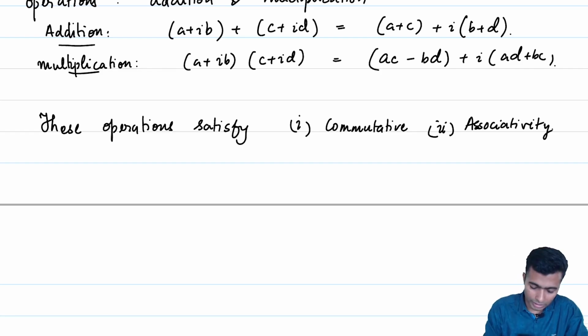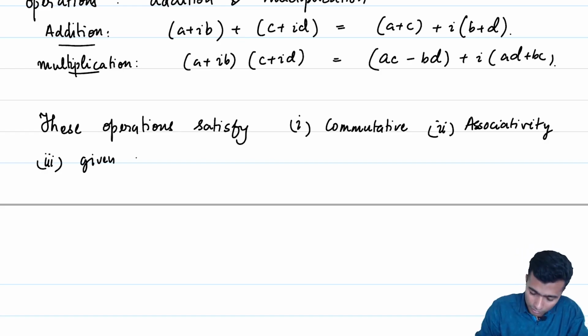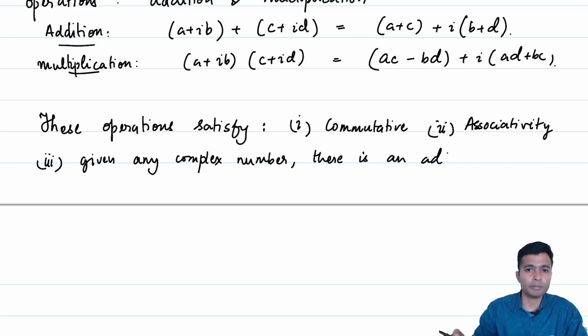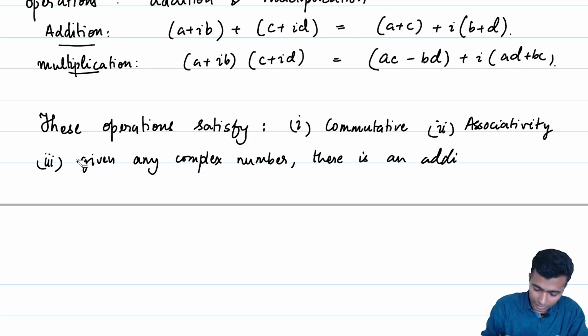So associativity was there, and given any complex number there is an additive inverse. Oh, before additive inverse I should mention additive identity.